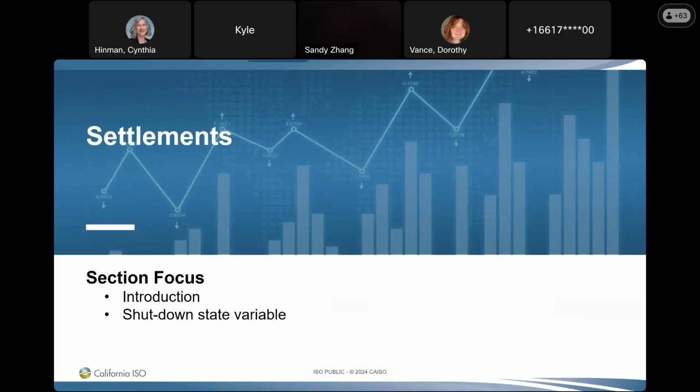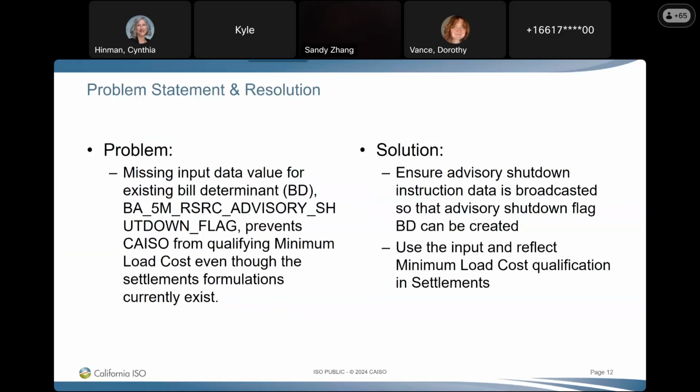So now we're going to get into the settlements portion. We'll give you an introduction. I'm going to tell you about what that shutdown state variable does, and then we'll go into an example. So what's the problem and what's the solution? Well, the problem was that there was a missing input data value for an existing billing determinant, and it's listed right there.